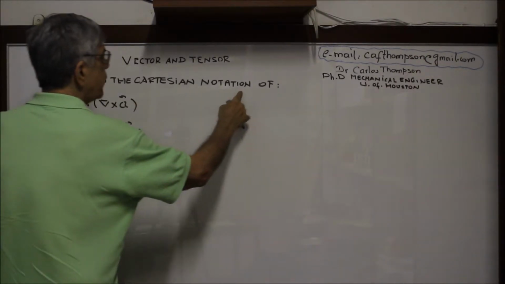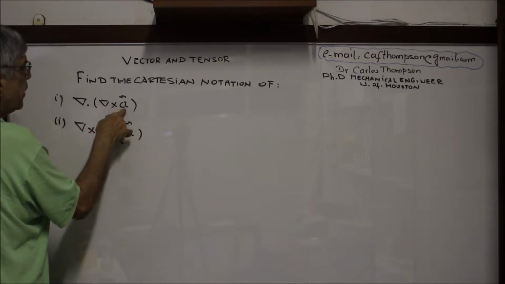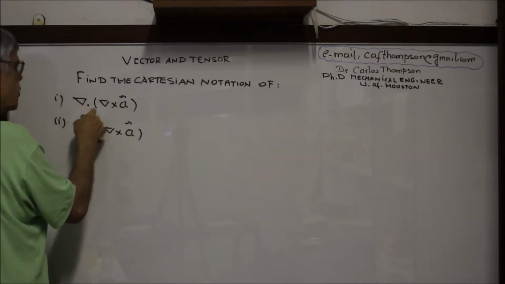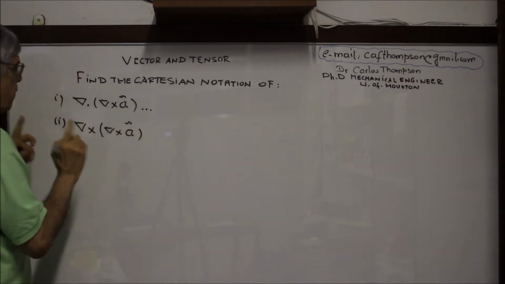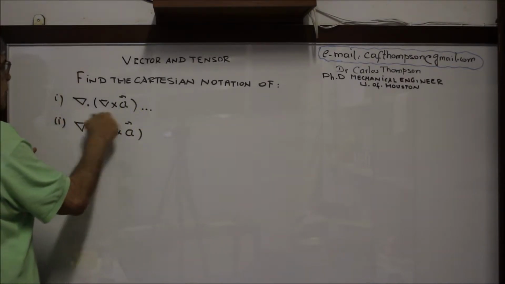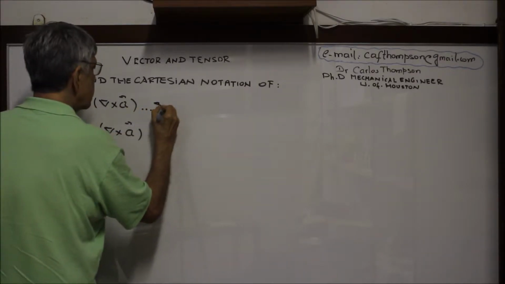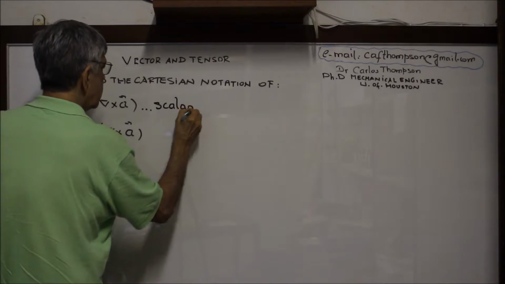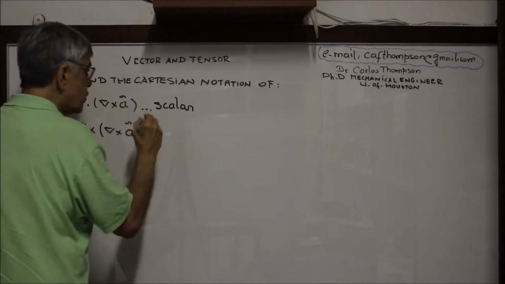Find the Cartesian notation of the divergence of curl of A. Divergence of the rotational of A. Now, first of all, this term here is a scalar. You see, the divergence of a vector is a scalar.